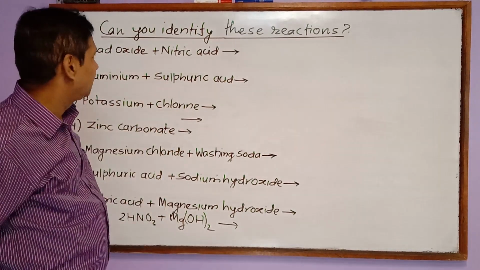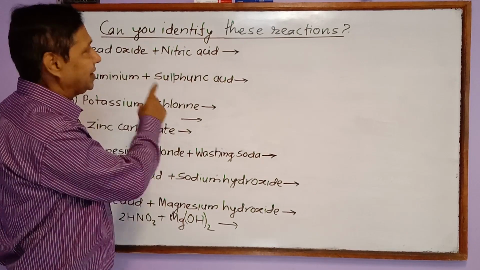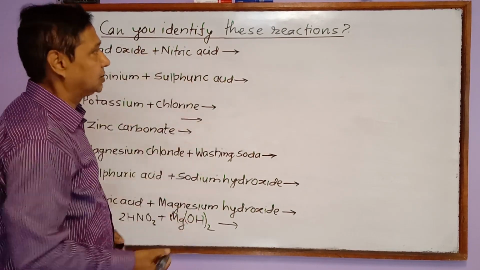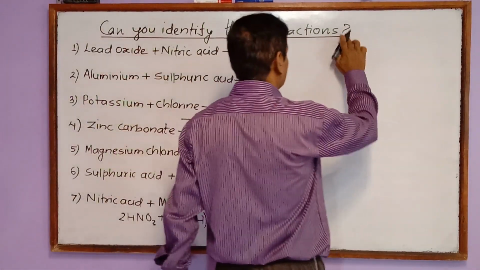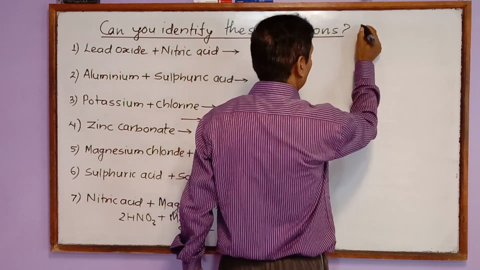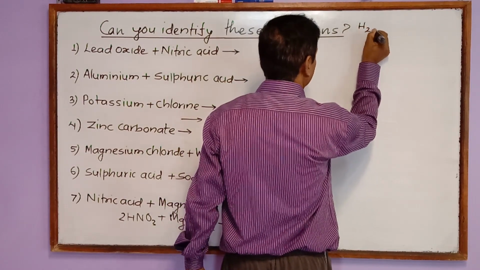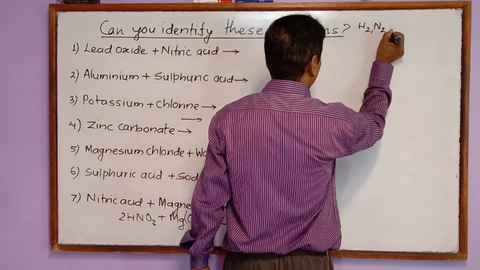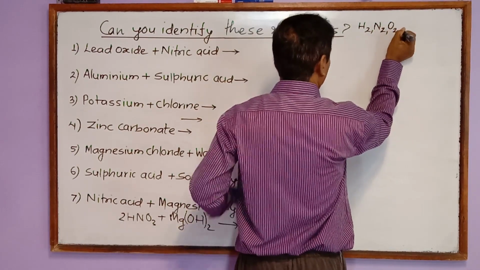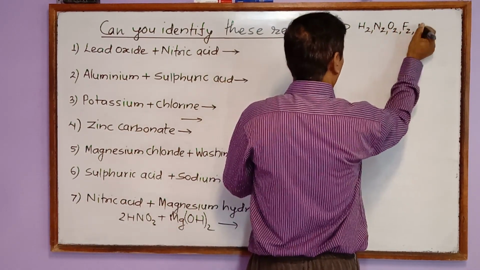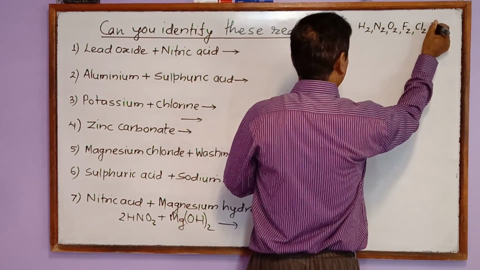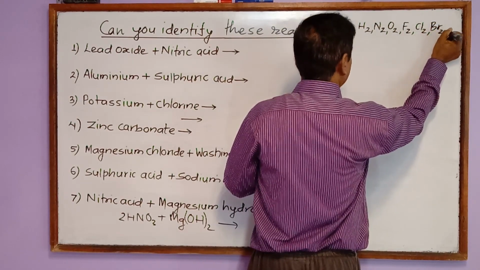Let's start. But before writing these chemical reactions, we have to remember that some elements are diatomic. What are they? Hydrogen, nitrogen, oxygen, fluorine, chlorine, bromine and iodine.